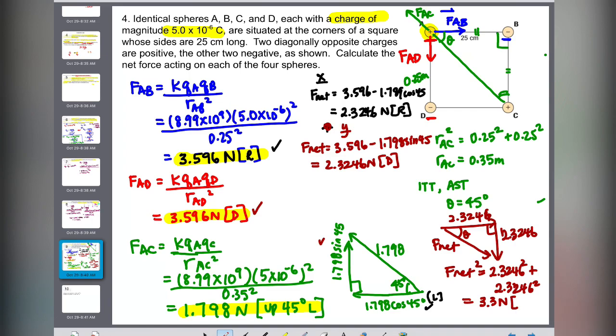And the direction, because this is a right-angle triangle, I can use tangent, and the two sides are the same, so it's 45. So finally, it's right 45 degrees down. Ooh, big question, okay? But basically, it is a vector question with you knowing how to calculate F between charges.